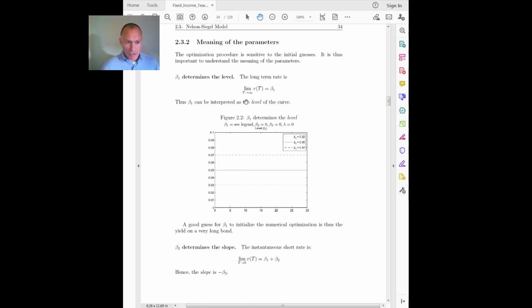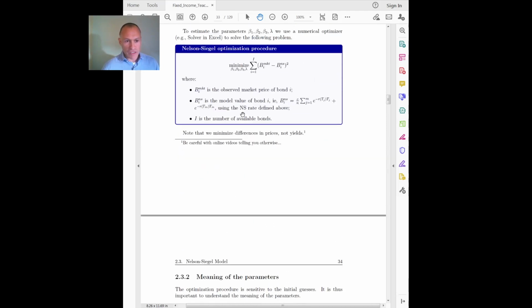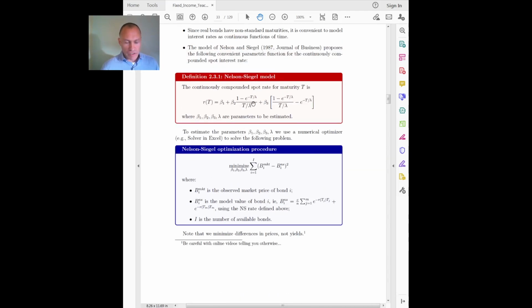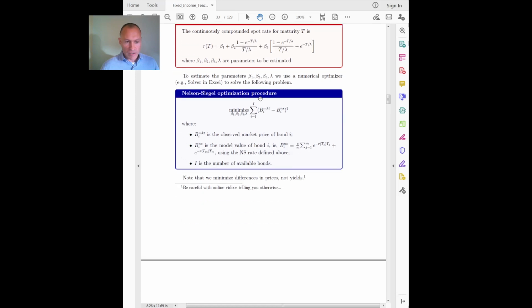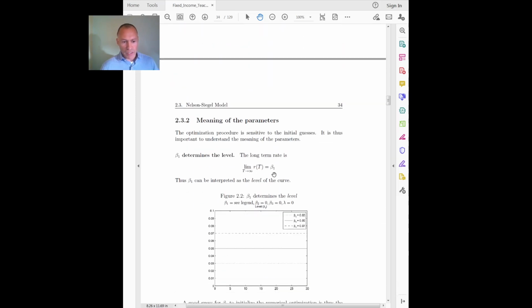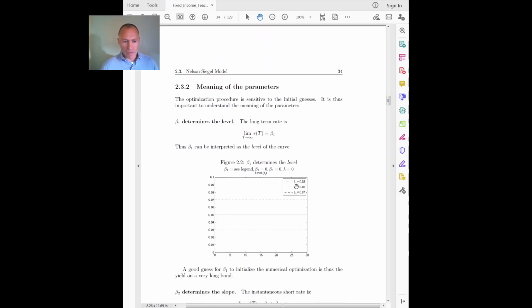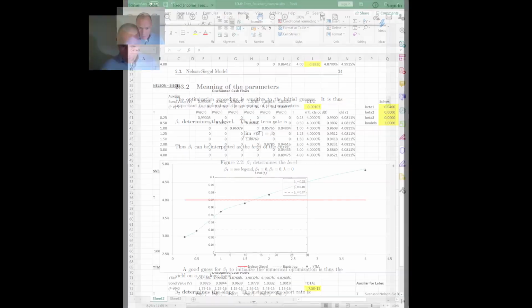So first one, if we take the limit of this whole function as we go to the right, meaning as the maturity goes to infinity, then this whole thing converges to beta 1. So in other words, we can interpret beta 1 as determining the level of the curve. So going back to the Excel.